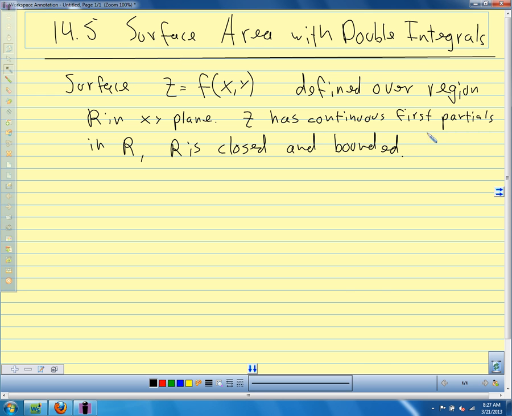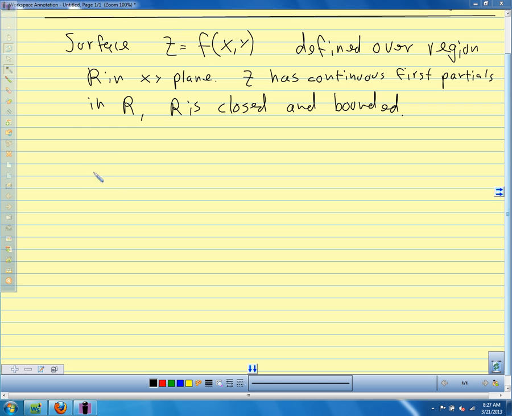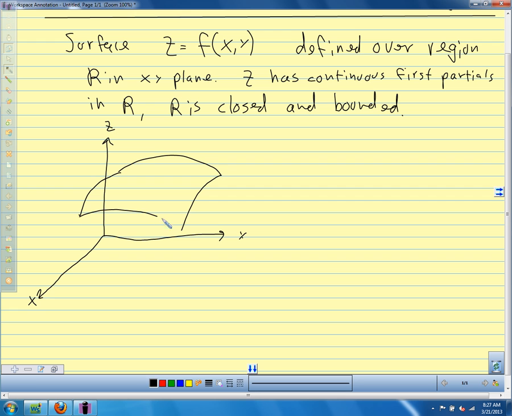Let's draw a little sketch of what we're talking about, and then we'll do our development of a double integral for surface area. So here are our coordinates, and we have our generic surface here above the xy plane. And we're going to divide the surface into little elements of surface.